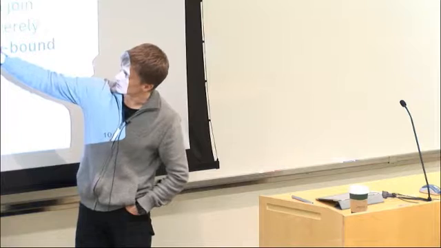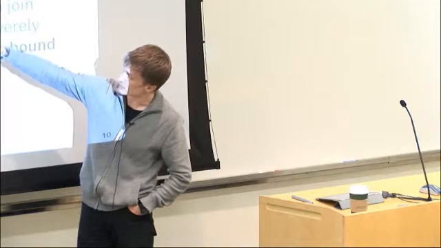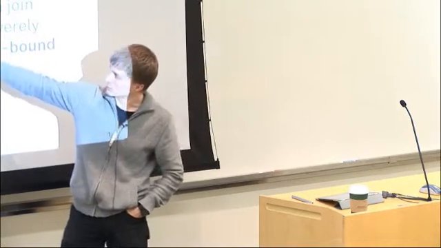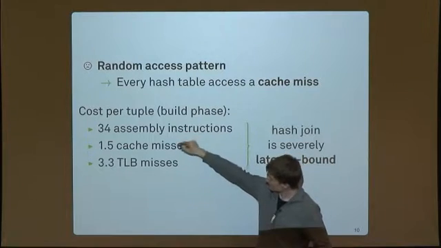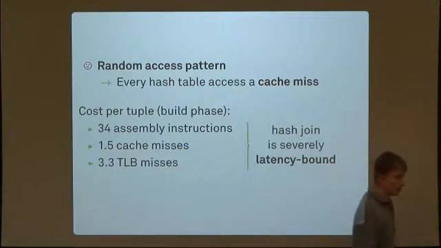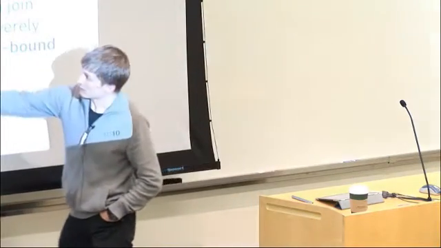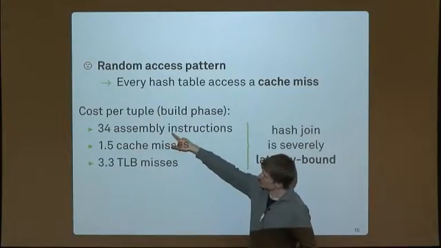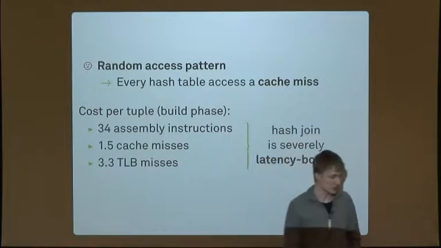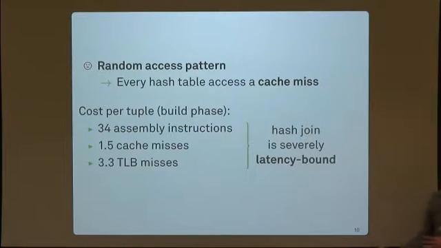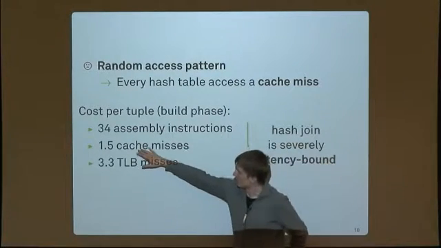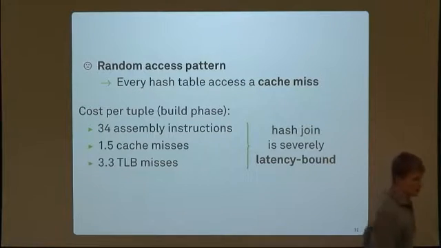So looking at the hash table build phase here, what you need to spend is per tuple about 34 assembly instructions. And now it makes a real difference whether during those 34 assembly instructions you see 1 or 3 cache misses. In practice, we saw something around 1.5 cache misses.